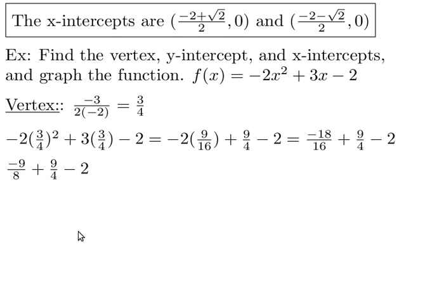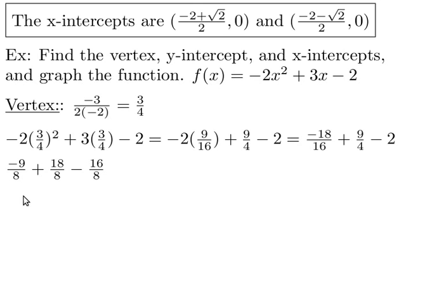Now, if it's all the same to you, I'm just going to rewrite this as 18/8. I just doubled top and bottom. That way I could combine these more easily. And I'm going to rewrite this 2 as 16/8. That way it saves space.